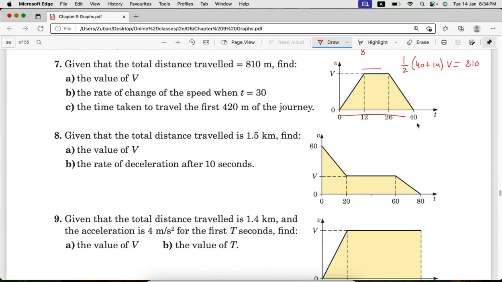So left hand side is 40 plus 14, I'm getting 54 divided by 2 is 27. So 27 V is equal to 810. V is equal to 810 divided by 27. I'm getting exact 30. Haris, were you getting 30? Yes, sir, I'm getting 30. That's correct. Haris, what are you getting?